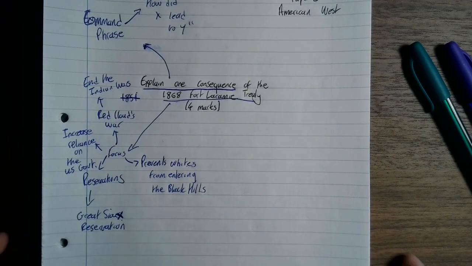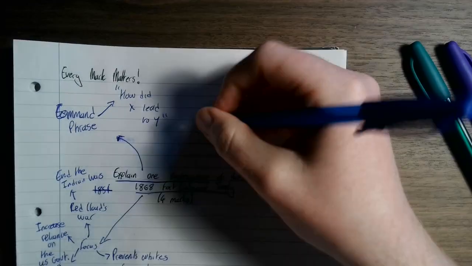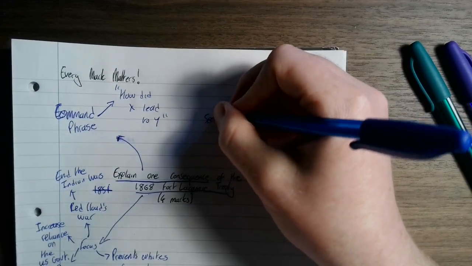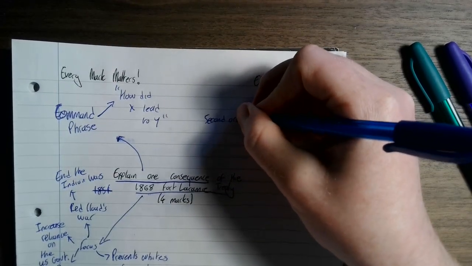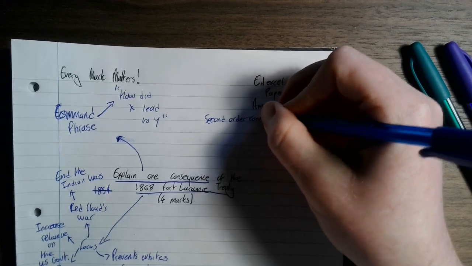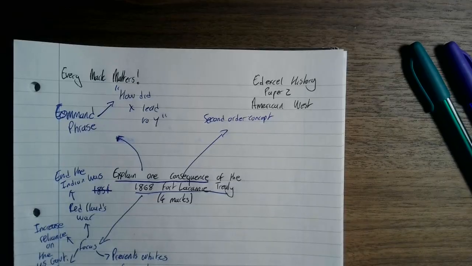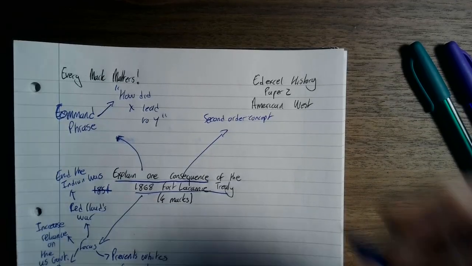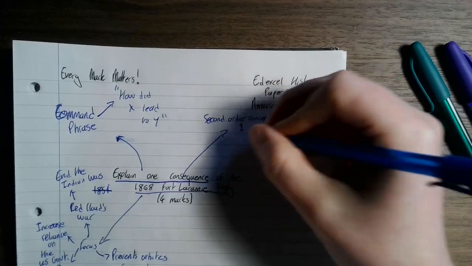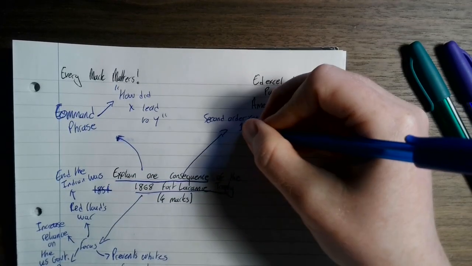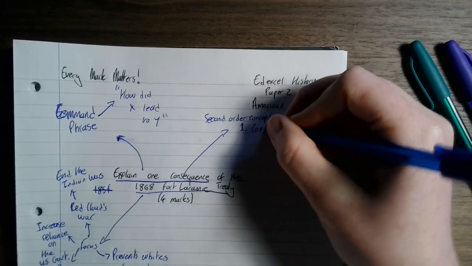Let's begin to think about the final component, and that is our second order concept, and that is consequence. Now again, we teach you 5 consequences for this particular topic. So let me just burn through them. I'm just going to write them all out, and then we'll tick them off from there. So firstly, we've got conflict.